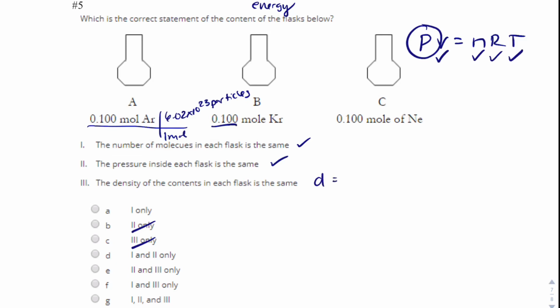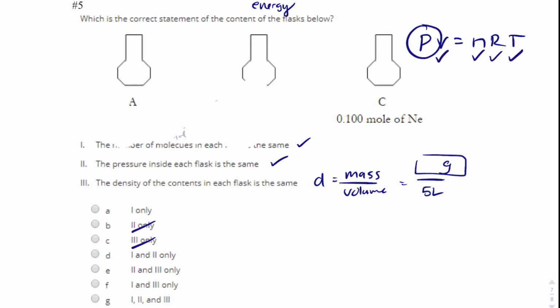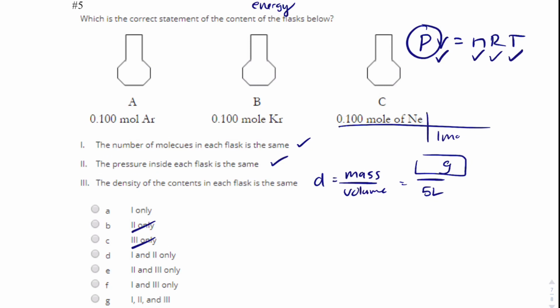And then the density of the contents in each flask is the same. Well, density is equal to mass over volume. The volume is the same. Let's just say they're 5 liters. I don't know that that's true. But is this grams the same? Well, an easy way to check that is by going, so for example, neon. 1 mole of neon is 20.18 grams, I believe. Let me look up krypton really quickly.